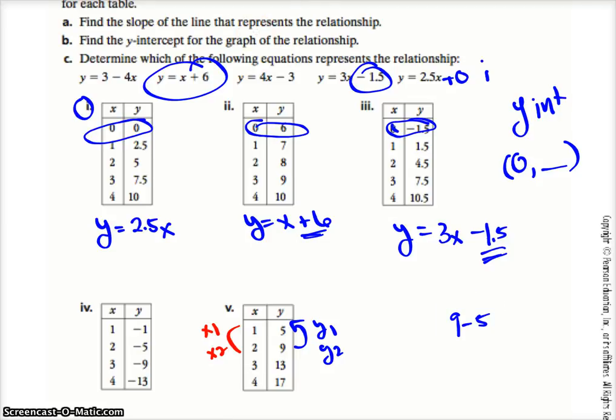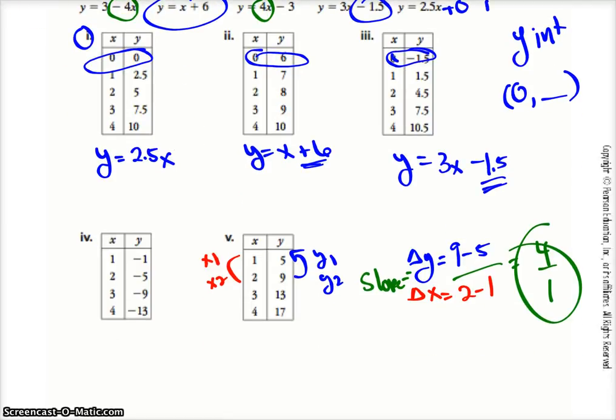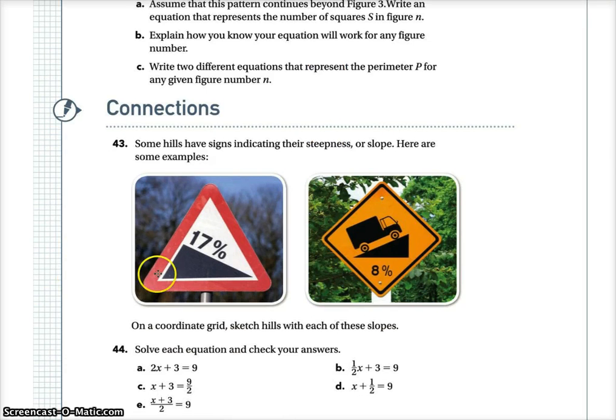Change in y is equal to that over change in x, which will be 2 minus 1. And all this is my slope. Okay. I'll figure this out. I got 4 over 1. I'm looking for a slope of 4. Well, there I got a 4, and there I got a -4. Those are two different numbers. Okay. You'll do the same thing.